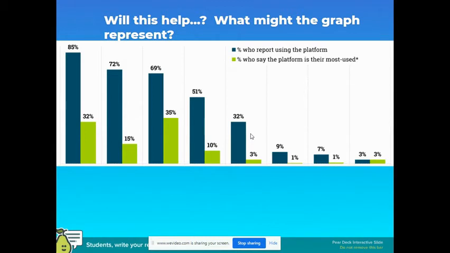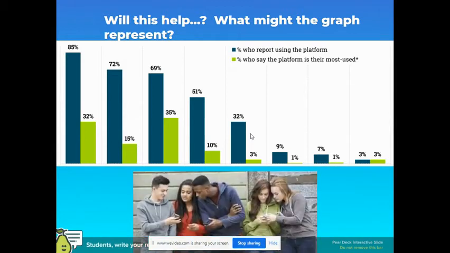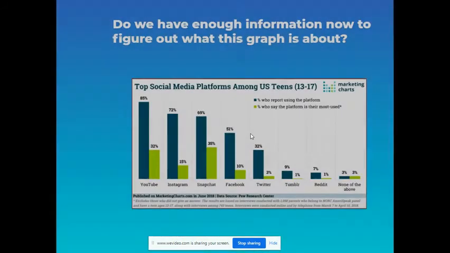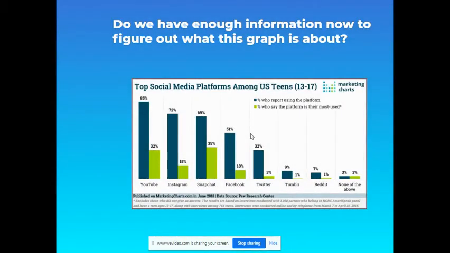Will this help? We add a picture. Now, what do you think this graph is talking about? Now, do we have enough information to figure out what this graph is about? Let's take a close look.